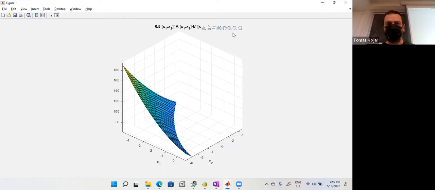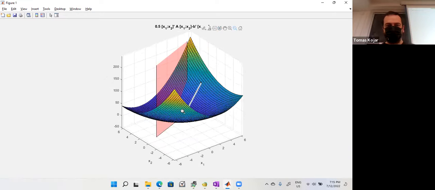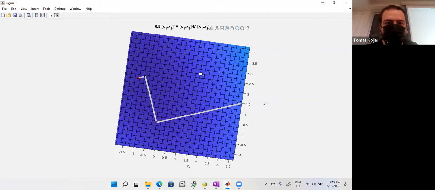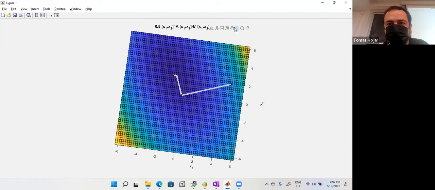Okay, so we made the first step. Then the second step: again, remember we were minimizing the jump over this hyperplane. We had this minimum of S, if you remember. And then we repeat. This is even smaller.